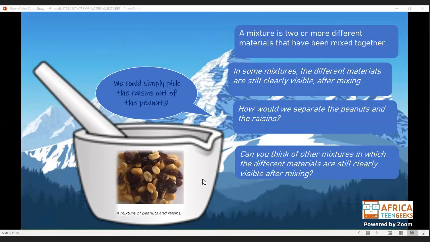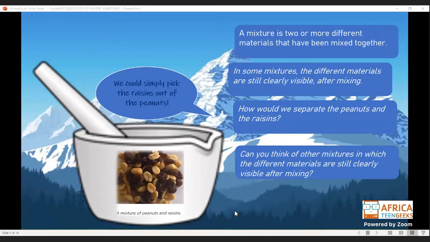I think, would it be easier to pick out the raisins or would it be easier to pick out the peanuts? What do you think? Which one would be easier to pick out? The raisins, exactly right. The raisins, they are easier because they're squishy and they're soft and they're sticky. So you just stick your fingers in, they literally stick to your finger and you can pull them out.